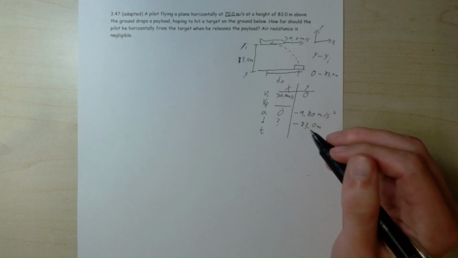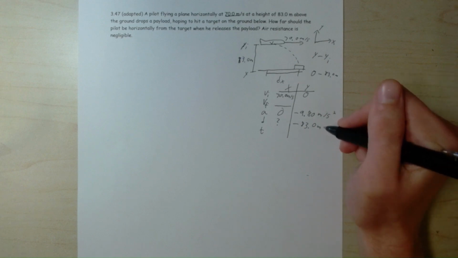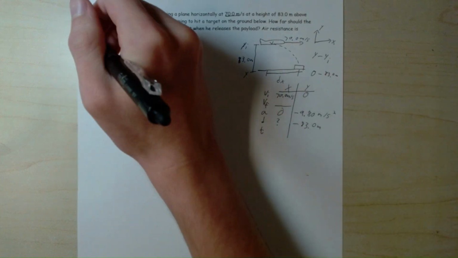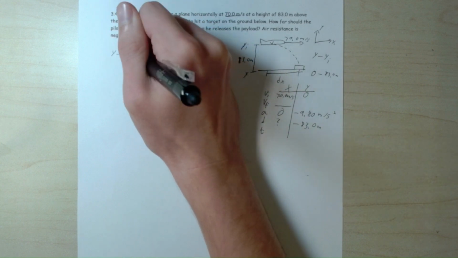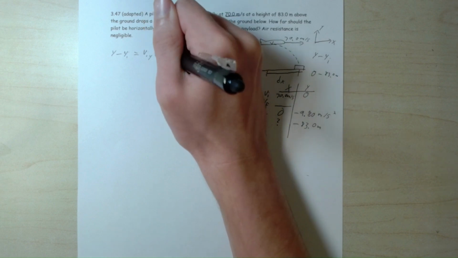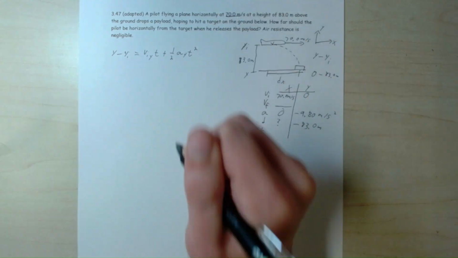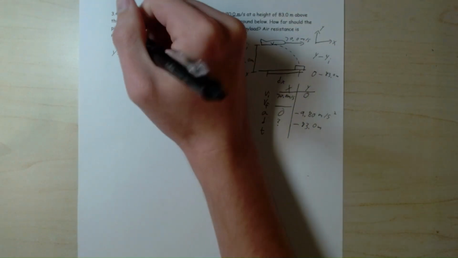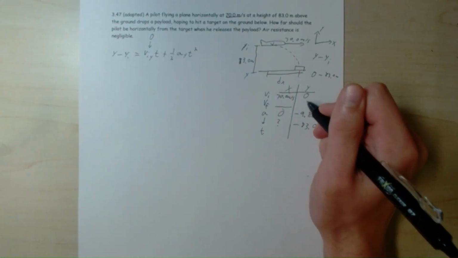So which equation should we use? Well, we know the distance in the y direction, we know the acceleration in the y direction, we know the initial velocity in the y direction. So I'm going to use the equation y minus yi equals vi sub y t plus 1/2 a sub y t squared. And as a quick side note here, our vi is going to be 0 because we have no initial velocity in the y direction.